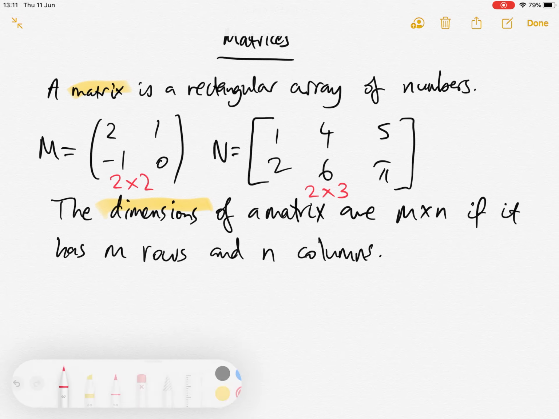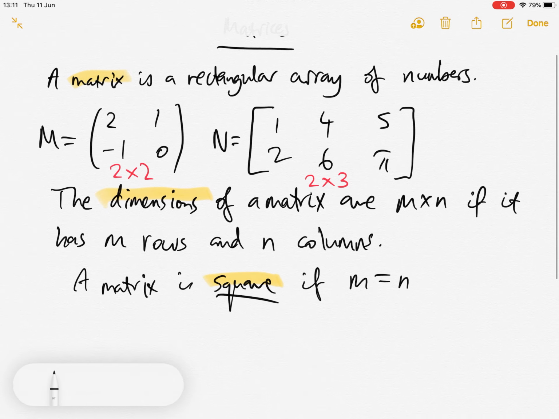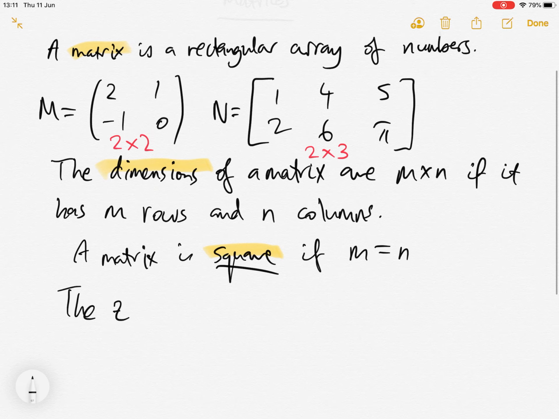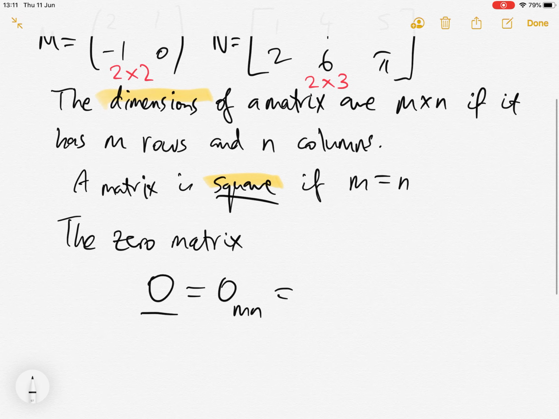And a matrix is called square if the number of rows equals the number of columns, so if m is equal to n. And the zero matrix, which is usually 0 underlined or 0 mn if its dimensions are m by n, is the matrix with all entries 0.